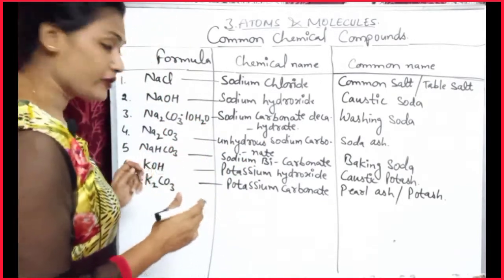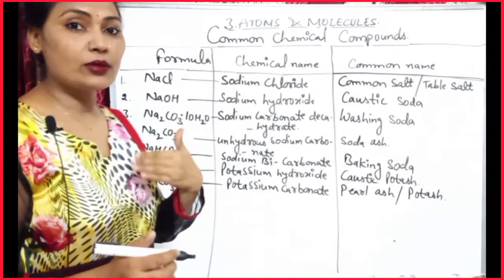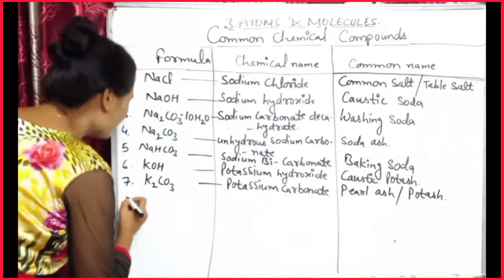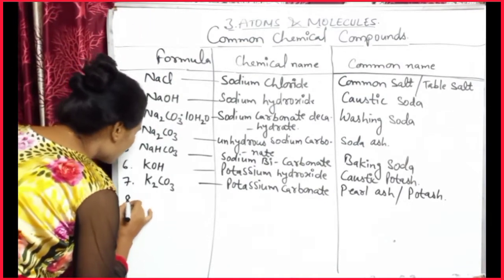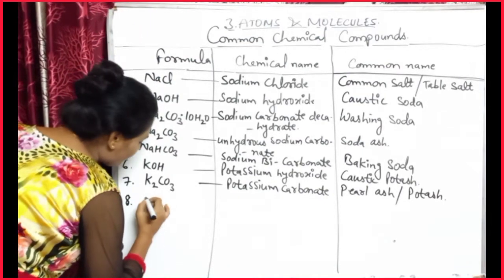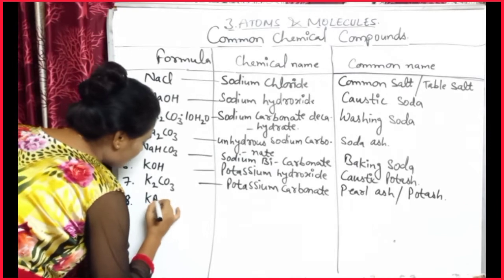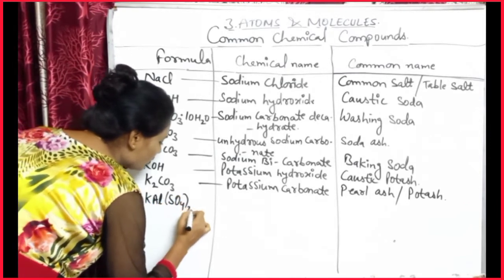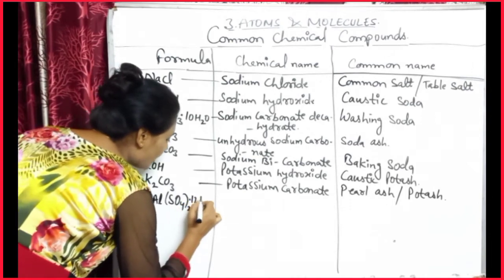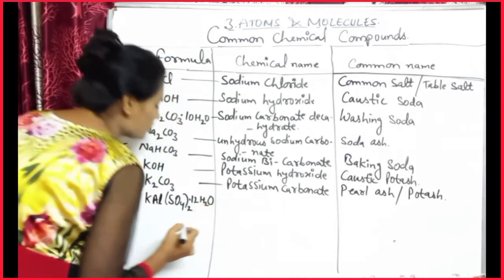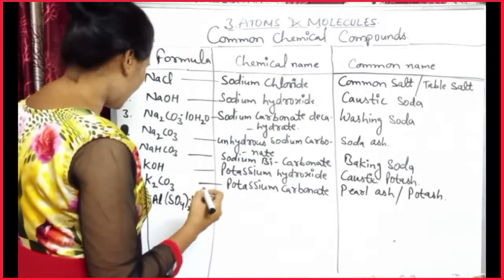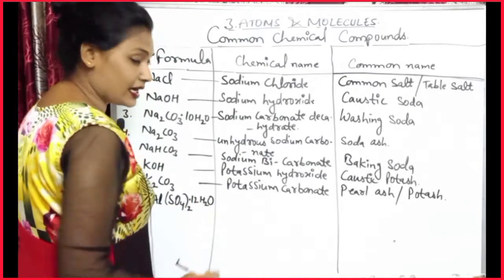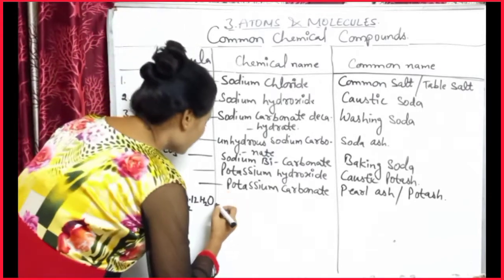If somebody asks you to write an example of a double salt, you can write that. It is also a compound of potassium, KAl(SO4)2.12H2O. Its name is potassium aluminium sulfate dodecahydrate.